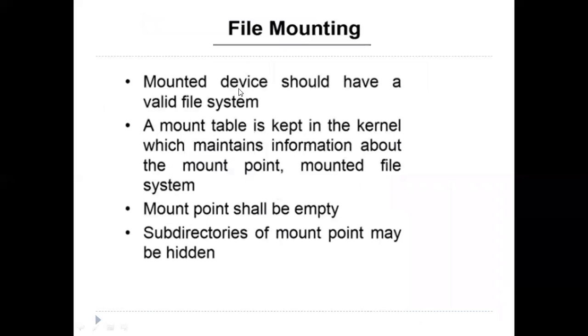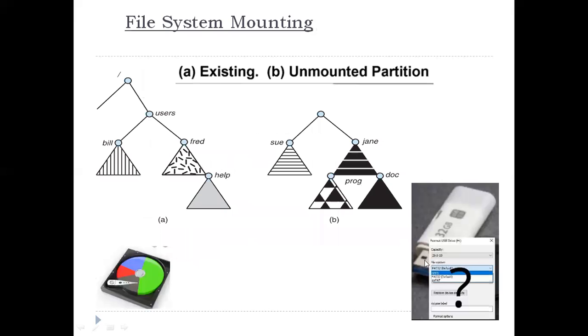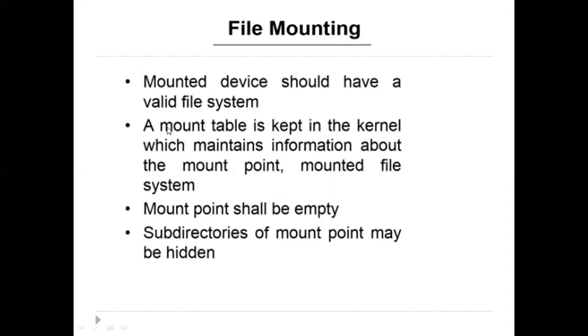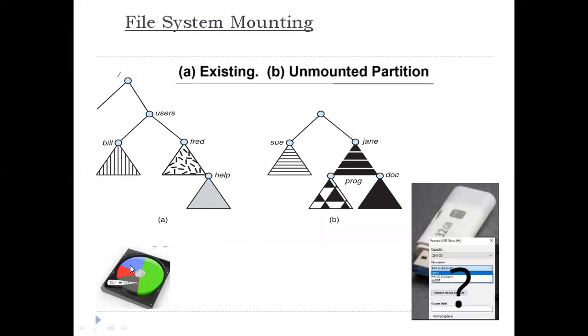The mounted device should have a valid file system. It means both of them should have a valid file system. A mount table is kept in the kernel which maintains information about the mount point and the mounted file system. So this particular hard drive keeps a table saying from which device the mounting is happening.